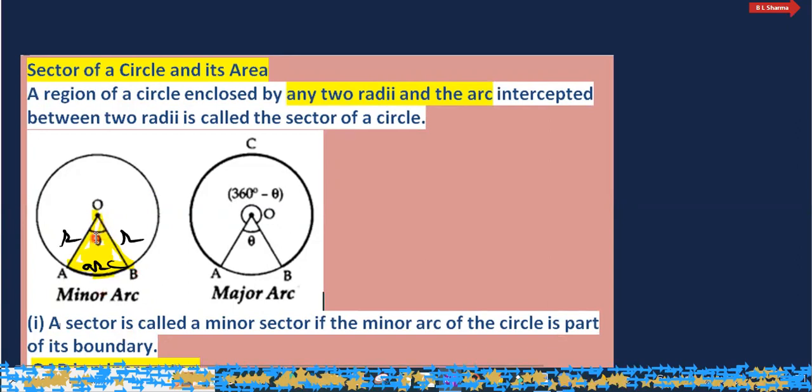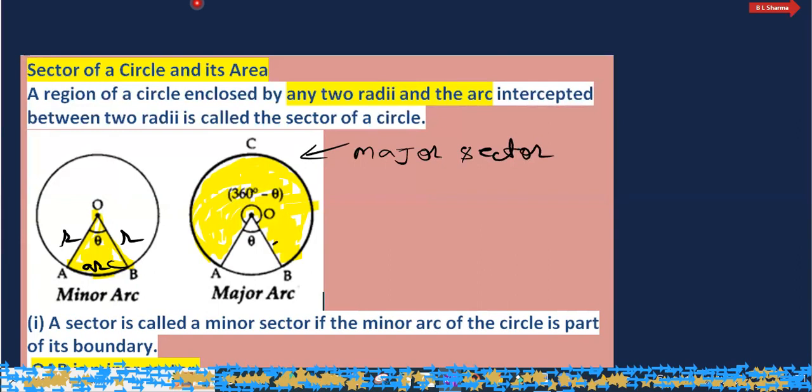A sector is said to be a minor sector if it is enclosed by a minor arc. This is your minor arc, therefore OAB is a minor sector here. But if it is enclosed by this one, this region, this portion, whose arc is a major arc, this is said to be the major sector.